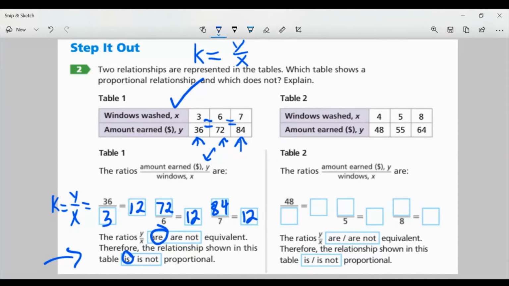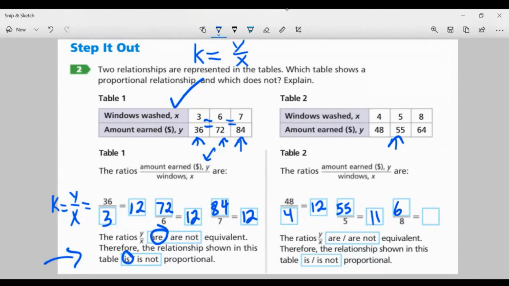So I'm going to do the same thing. I have 48 over 4. Well, 48 over 4 is 12. Now let's look at the next one, 55 over 5. Well, 55 divided by 5 is 11, so it's not 12.